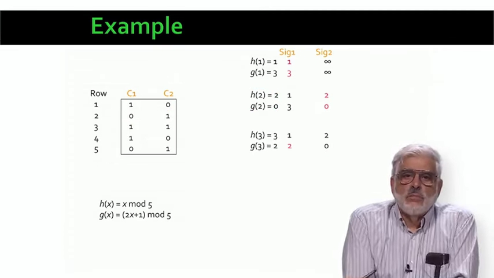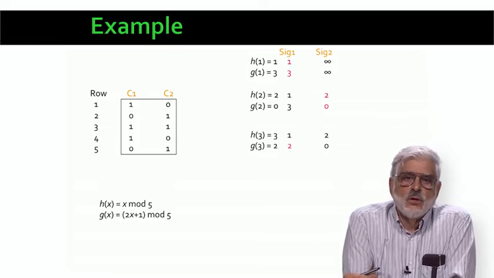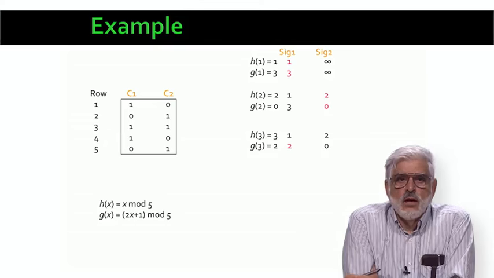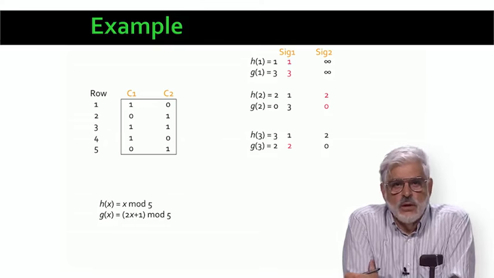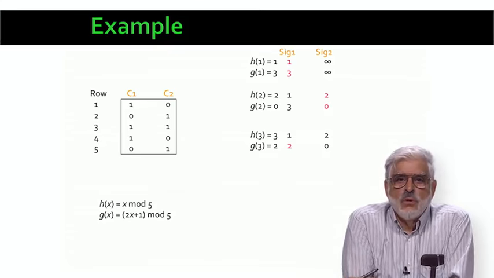Next, the third row. h of 3 is 3, and g of 3 is 7 modulo 5, which is 2. There is 1 in row 3 of both columns, so both signatures are candidates for being lowered. However, h of 3 is 3, and the first components of both signatures are already lower, 1 and 2 respectively.